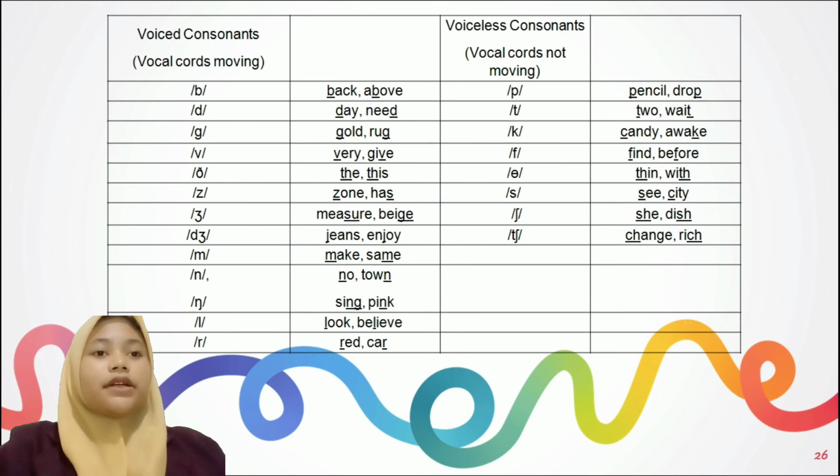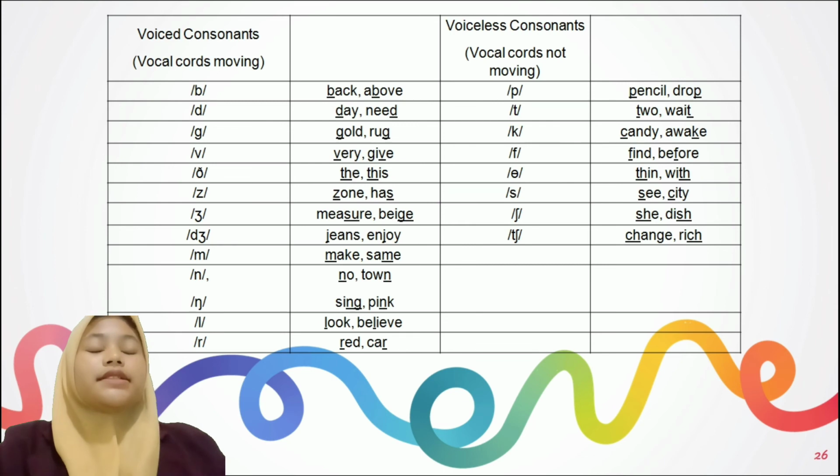ZH: measure, bulk. J: jeans, enjoy. M: make, Sam. N: no, tone. NG: sing, pink.